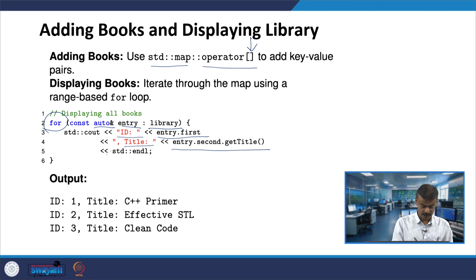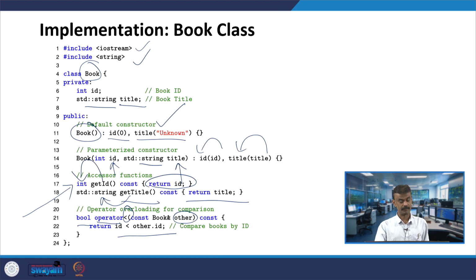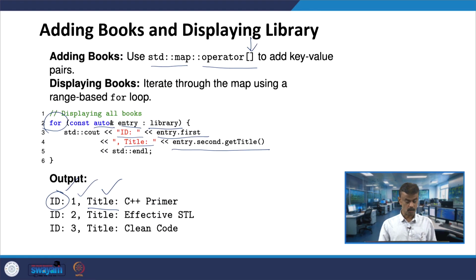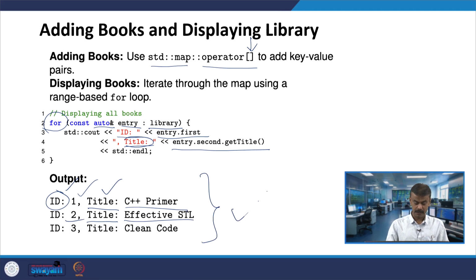ID colon is outside, and entry first is a number, and then title. Under title, second dot get title. We have get title at line number 18, which returns the title. So we print title colon, and it will print C++ Primer or Effective STL, with ID 2. All this information will be printed with the help of the range based for loop.